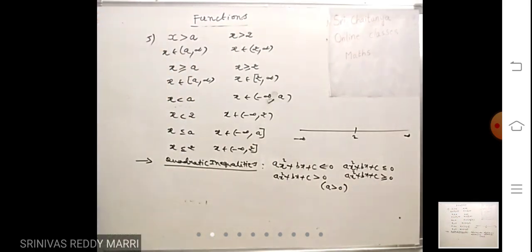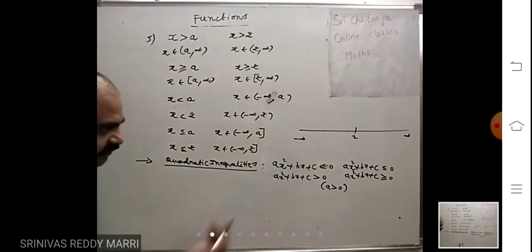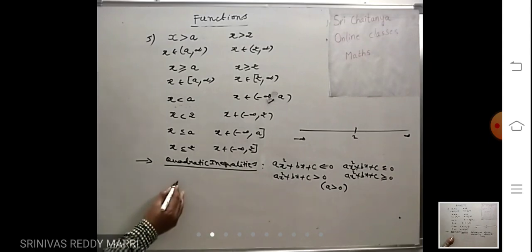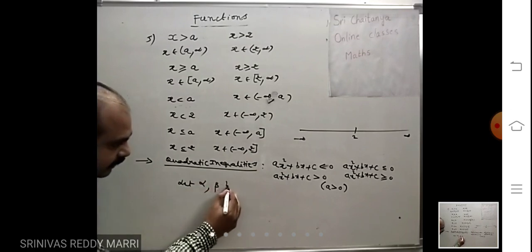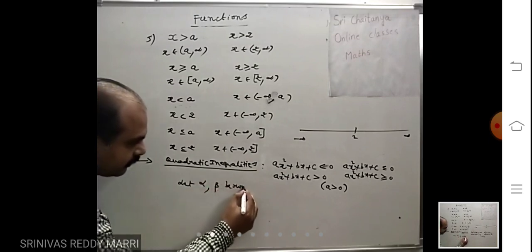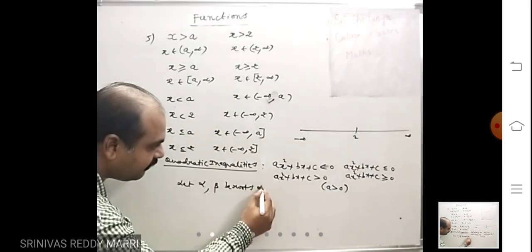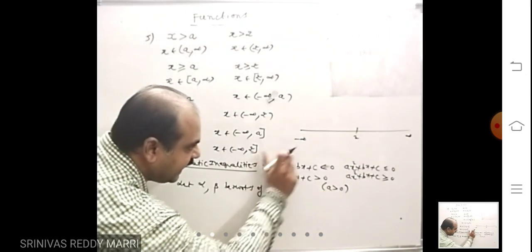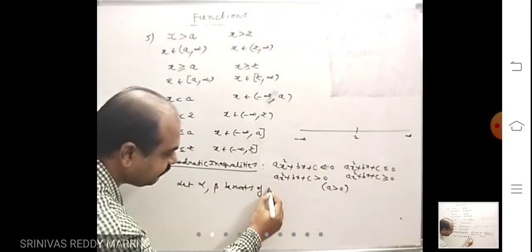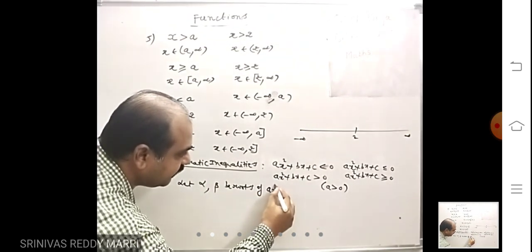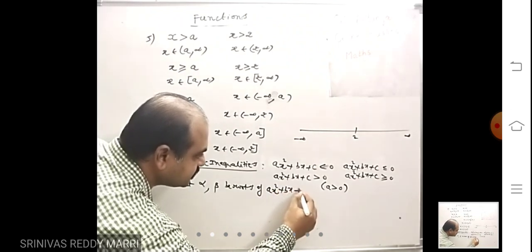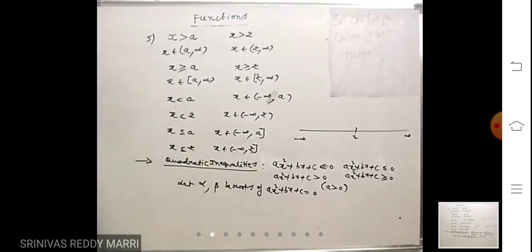Now first step for solving these inequalities is to find the roots. First we have to make a greater than 0. Let alpha, beta be the roots of ax square plus bx plus c. How will we find the roots?